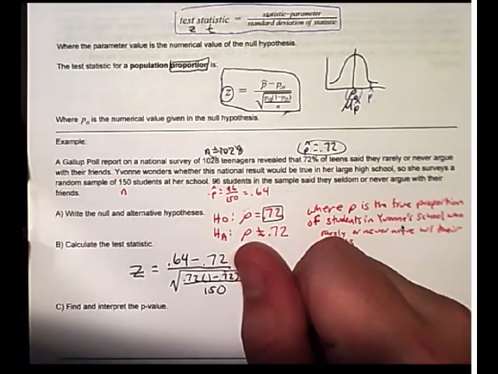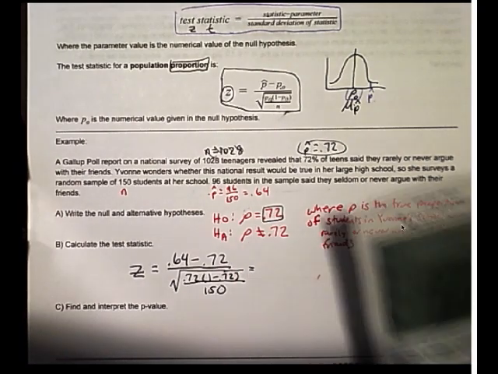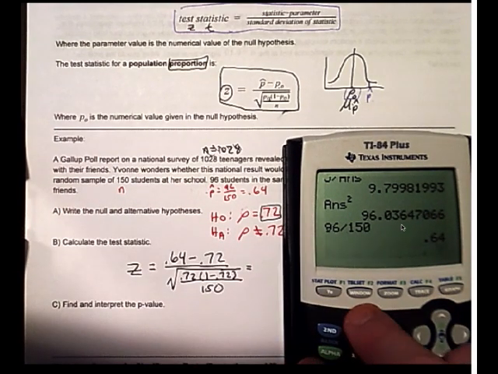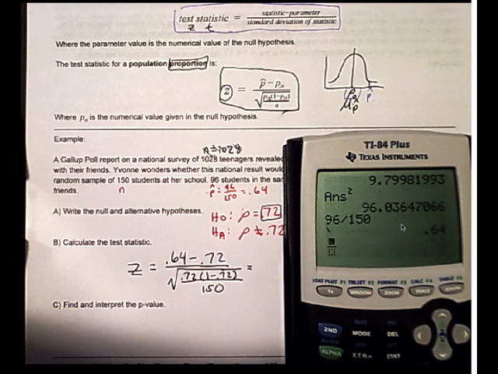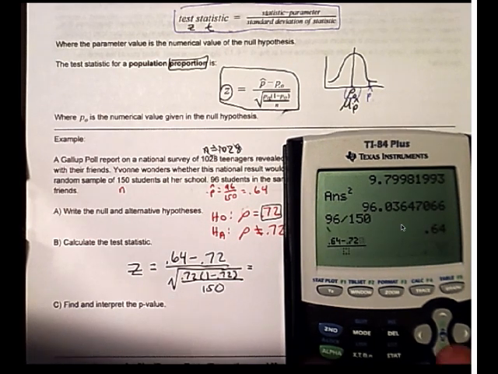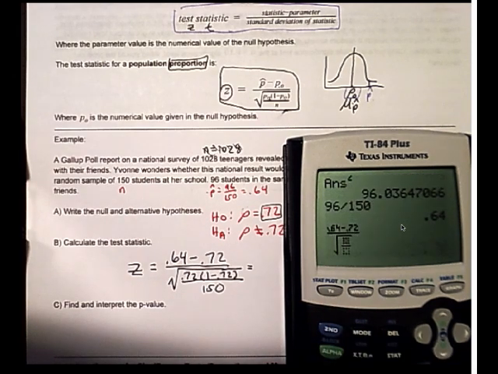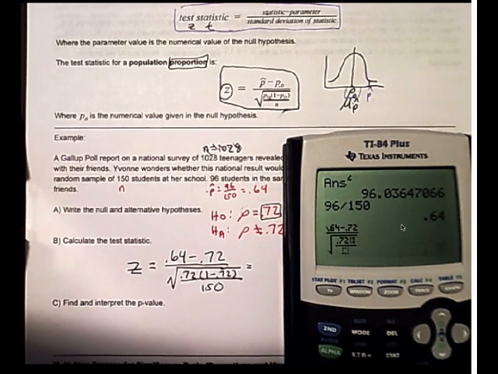All right. So we can do this in one step on our calculator. Okay. We can just set up a fraction. 0.64 minus 0.72 all over big square root. Set up another fraction. 0.72 times 1 minus 0.72 over 150.